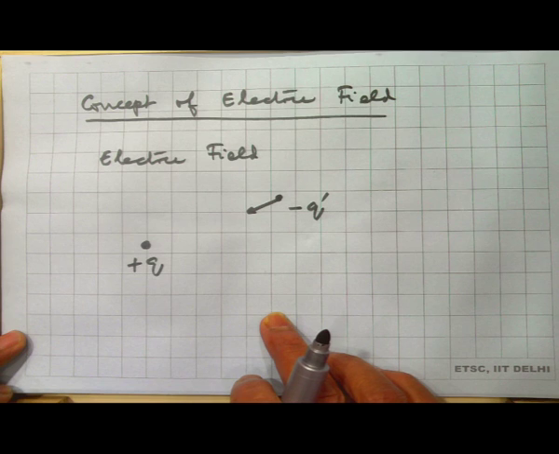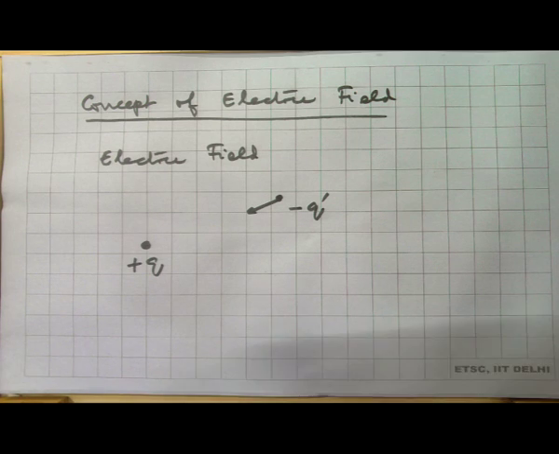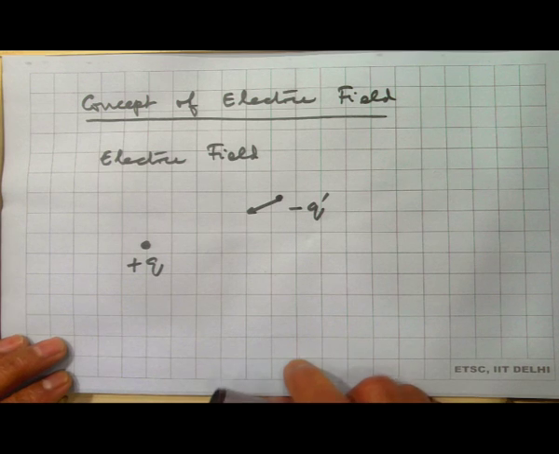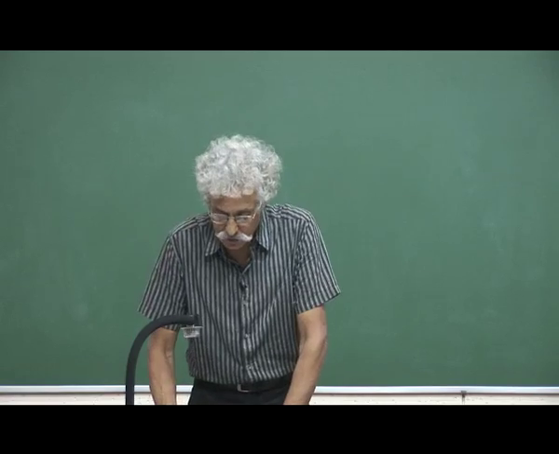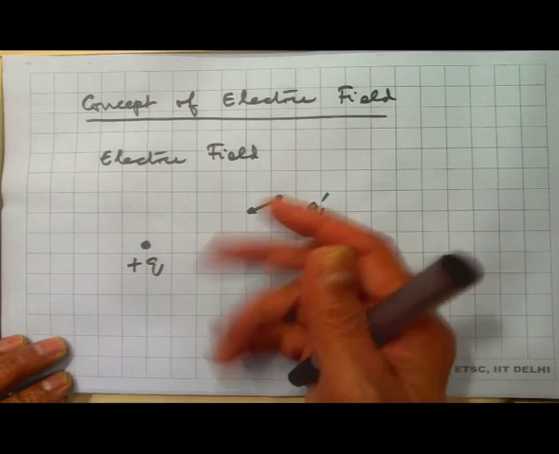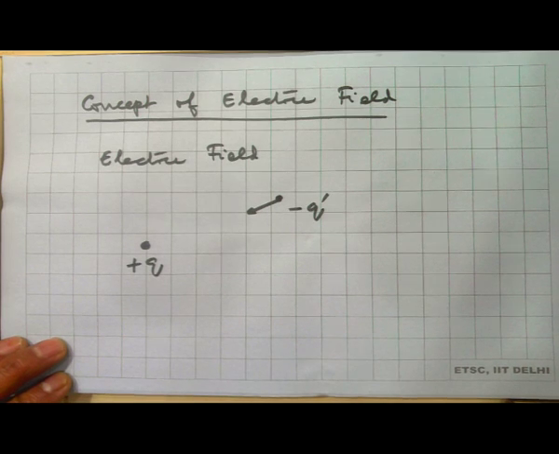So, what we say is that every charge creates in its surrounding an electric field, and it is that electric field which then affects other charges present in the system. So, the electric field acts as an intermediary to affect forces between two charges.